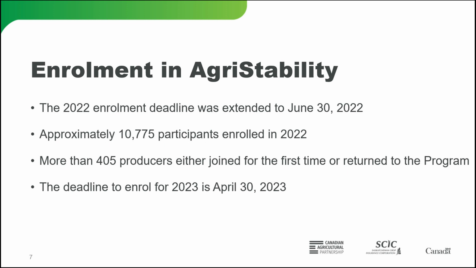They said, you know what, I want to sign up. 2021 was such a drought year, I want to be back in the program. Or they joined the program for the very first time. And for the 2023 program year, that deadline is April 30th to enroll and sign up for this current program year.